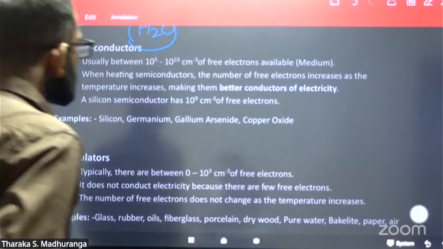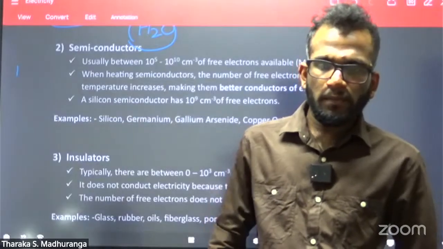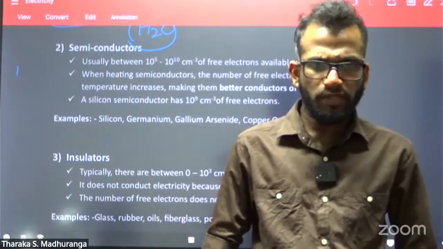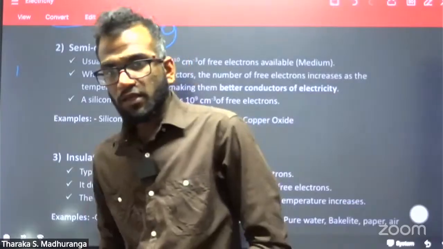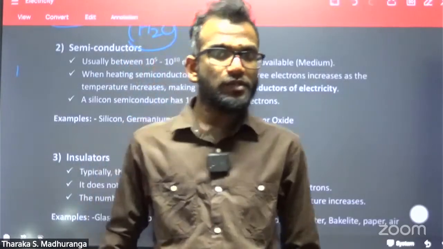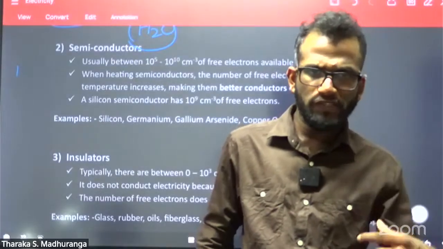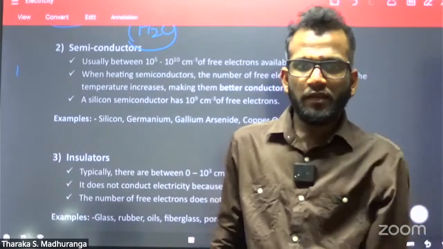Yes, two. Okay, that's not our lesson. We are only discussing electricity. In engineering technology and biosystem technology, you do electronics. We are not going to discuss electronics; we are only discussing basic electricity.